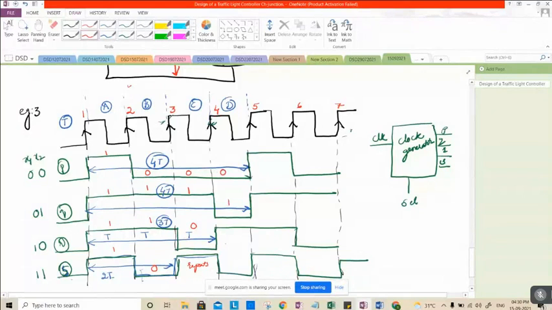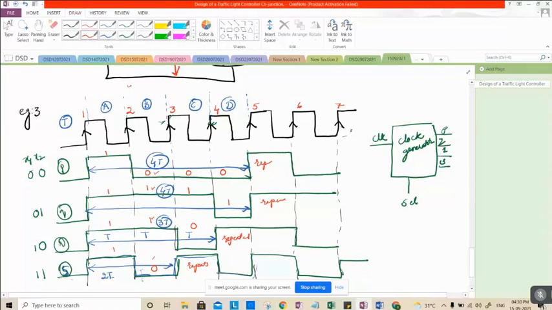What about the R signal? This also gets repeated. After the fifth positive edge, this gets repeated and this gets repeated. Now what factor do we depend on? We are supposed to choose this as 0, this as 1, this as 1, and this as 0, based on which controlling signal?